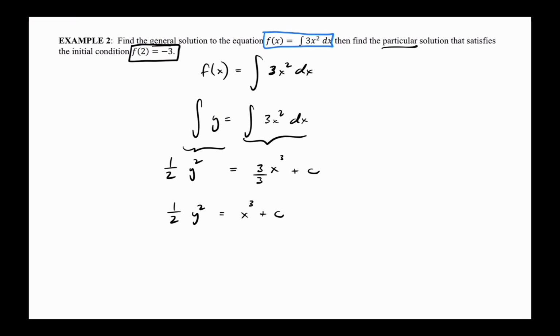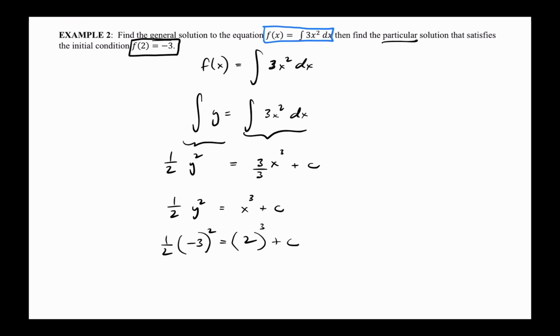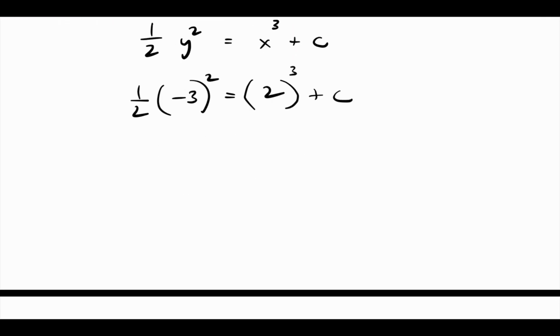So anywhere I see an x, I'm going to plug in a 2. Everywhere I see a y, I'm going to plug in a -3. -3 squared is 9, times 1/2 is 9/2.